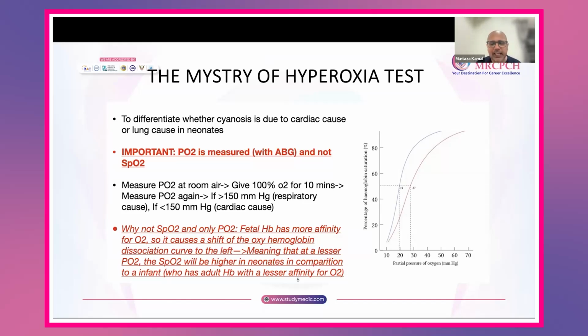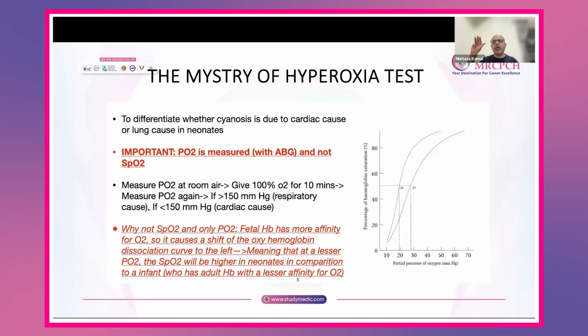That is why in the hyperoxia test, we do not use the SpO2 and we use the PO2. So the important things to be remembered in the hyperoxia test: it's a screening test. It's done in the neonate. You have to prick the child 2 times. ABG is used in this case. PO2 is used in this case, not SpO2.